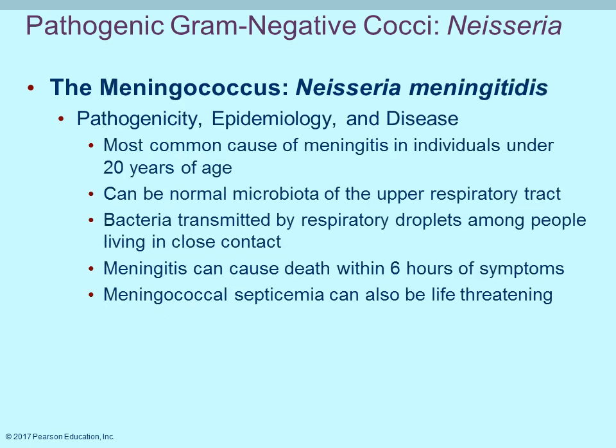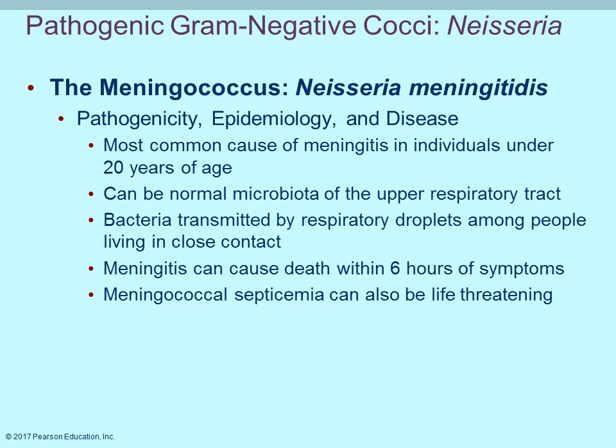For Neisseria meningitidis, it used to be the most common cause of meningitis in individuals under 20 years of age. It's often part of the normal flora, the normal set of bacteria that are existing in your upper respiratory tract. The problem is, once again, that's where it's normally found. You put it in a different location and it can cause disease.